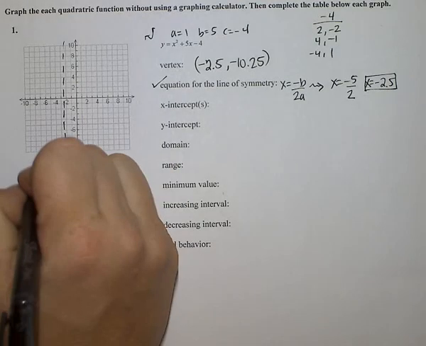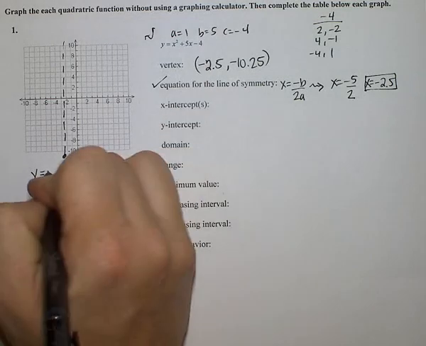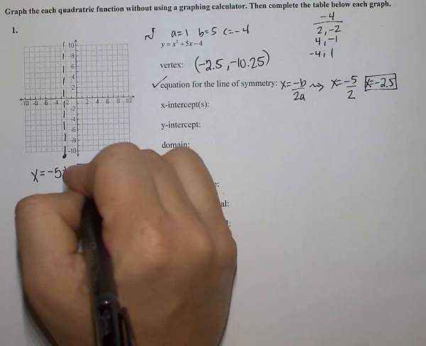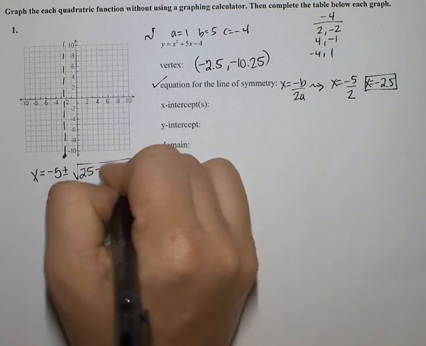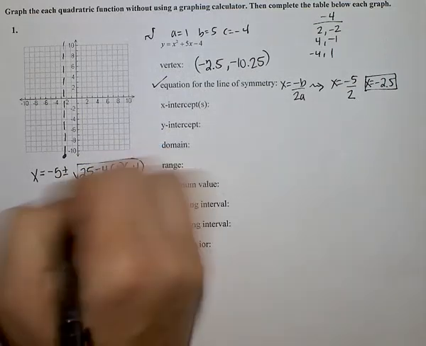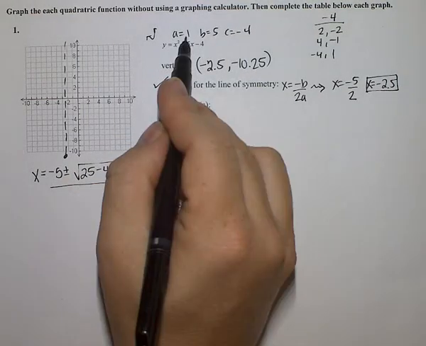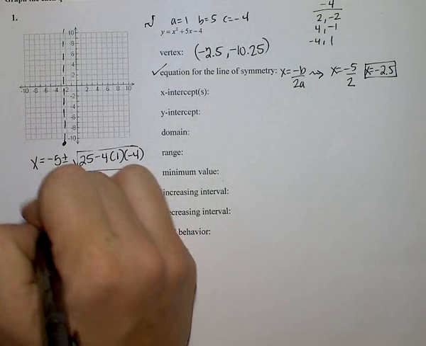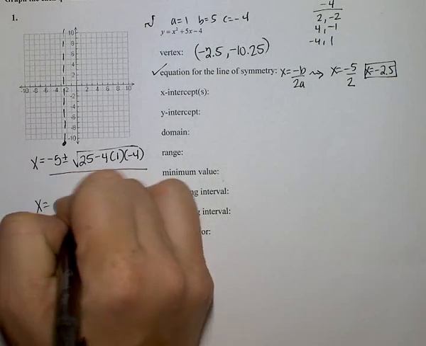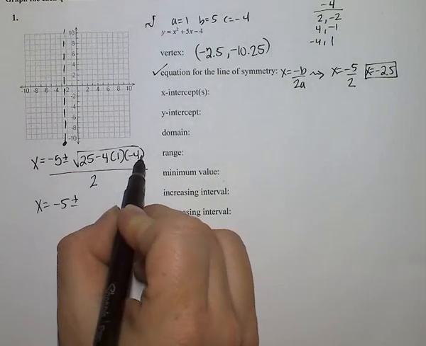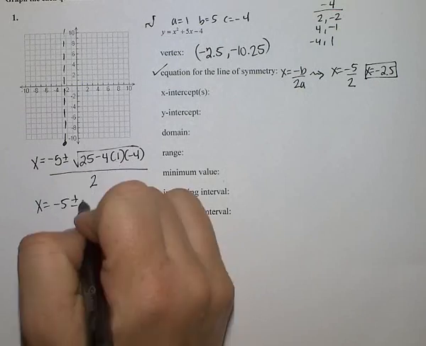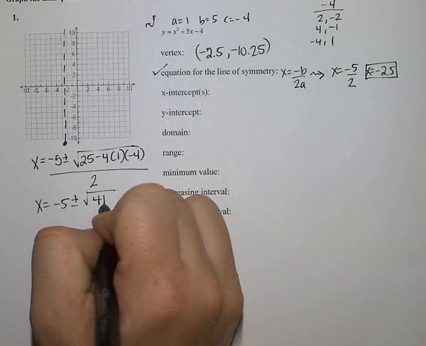X equals -b plus or minus the square root of b squared minus 4ac, divided by 2 times a. -4 times 1 times -4 is +16, and 16 plus 25 is 41.